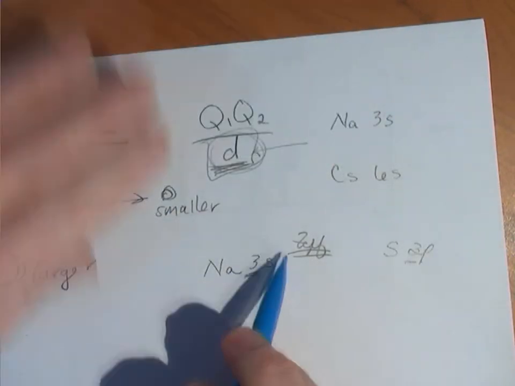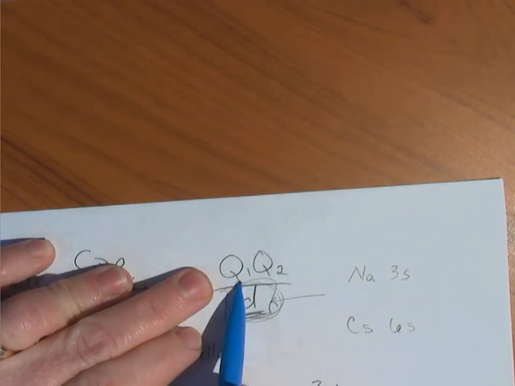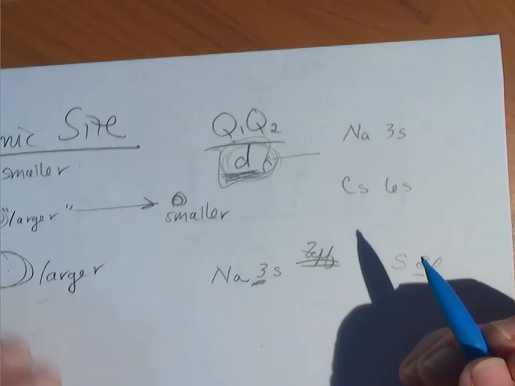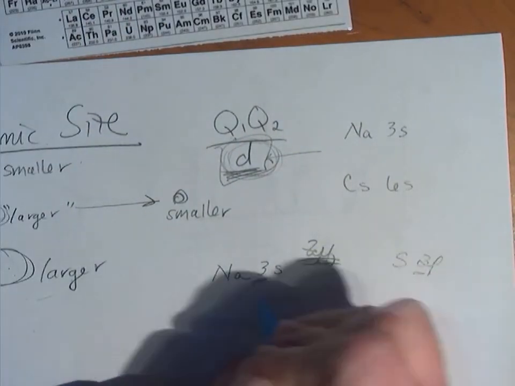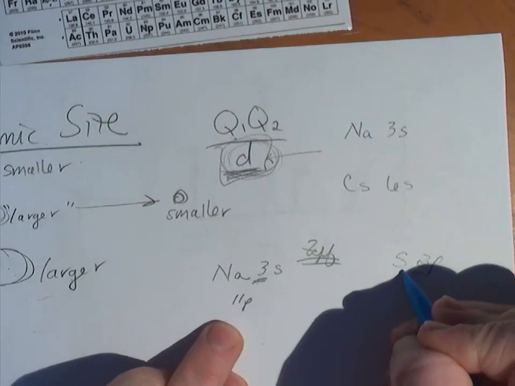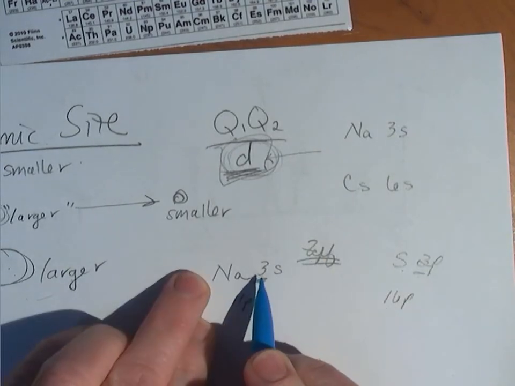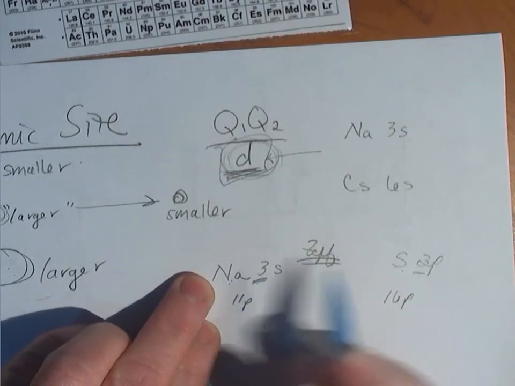So what is the strength of the nucleus that's holding those electrons, which are approximately the same distance? So sodium, of course, 11 protons, sulfur, of course, 16 protons.